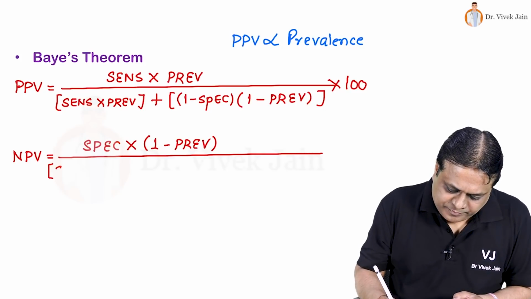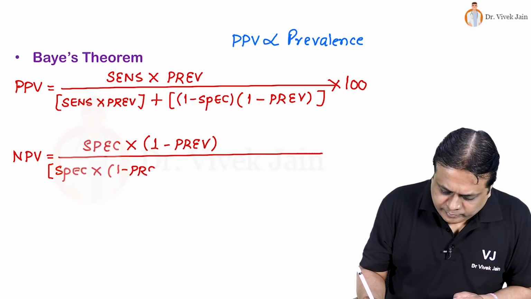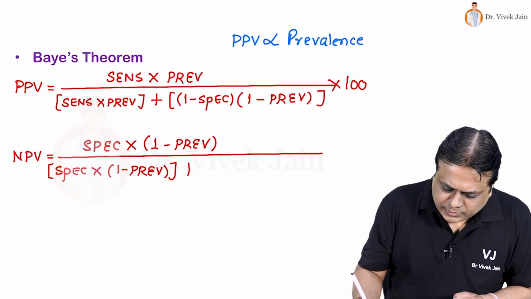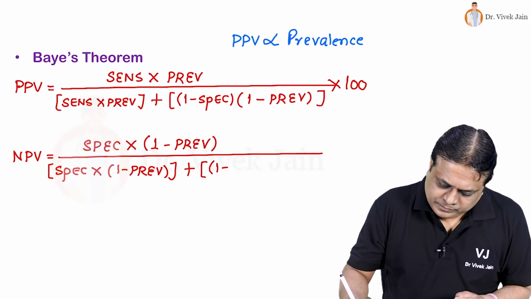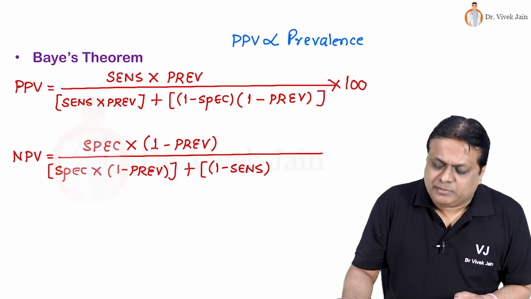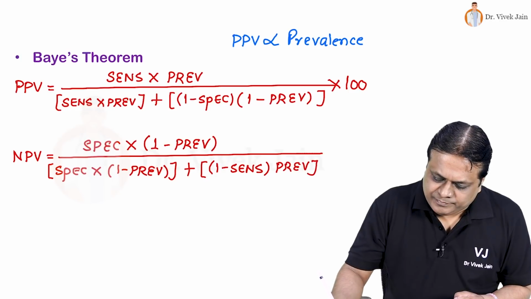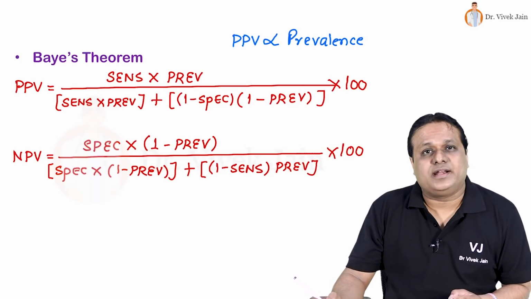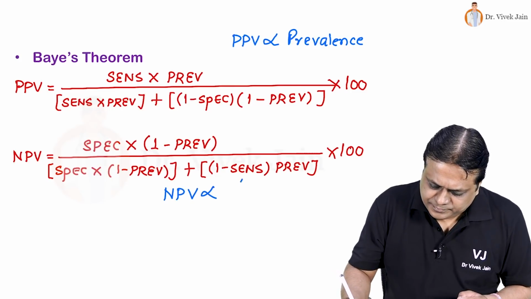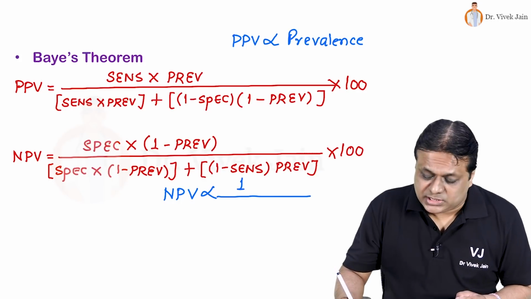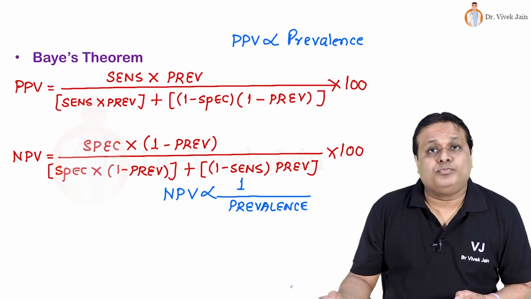Denominator is again same, specificity into 1 minus prevalence plus 1 minus sensitivity into prevalence, and multiplier is 100. Friends, please remember, negative predictive value is inversely related to prevalence of the disease in the population.